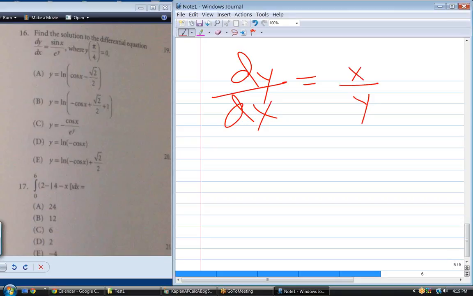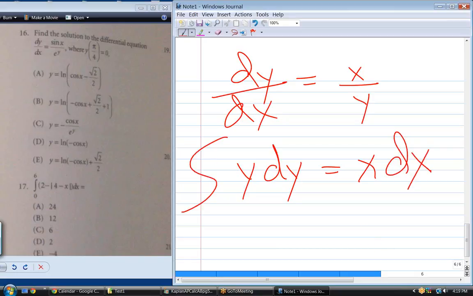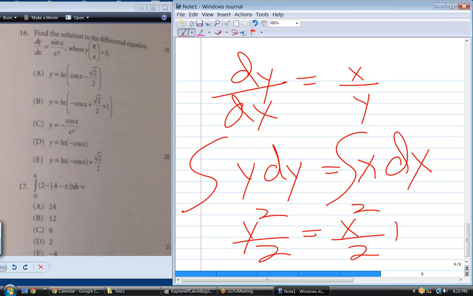Well, if I separate variables and move the x's to the right and the y's to the left, I have y dy equals x dx. The process is to integrate both sides. That gives you y squared over 2 equals x squared over 2 plus c.